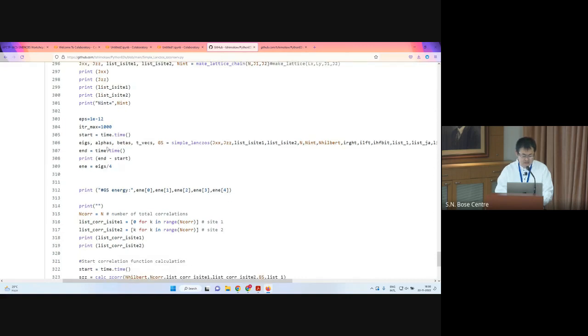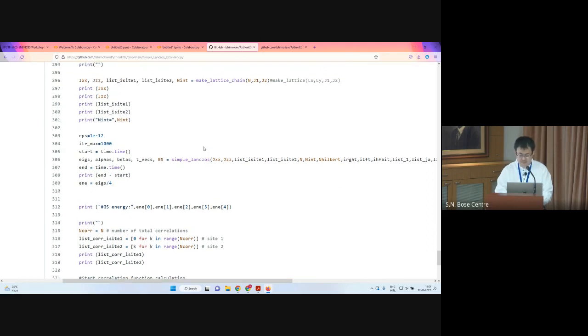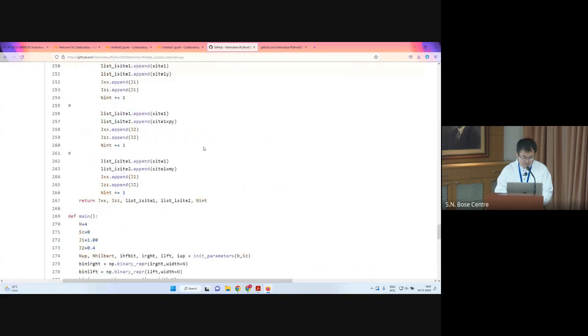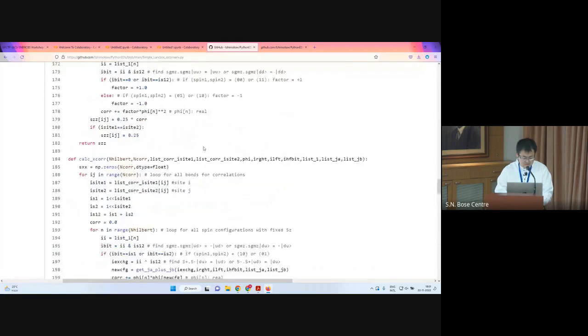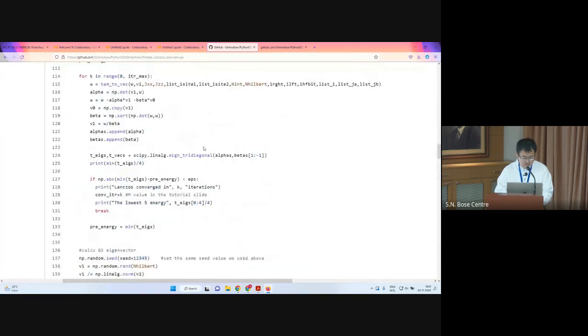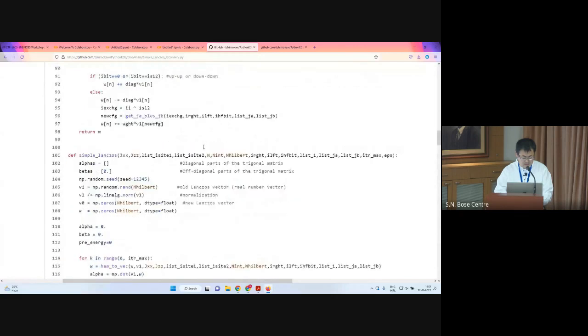This line is the important one, I think, to get the eigenvalues and the alphas and the betas. These are the elements of the tridiagonal matrix T. And this is the ground state wave function you can get after calling this simple Lanczos subroutine. This simple Lanczos function is defined here.